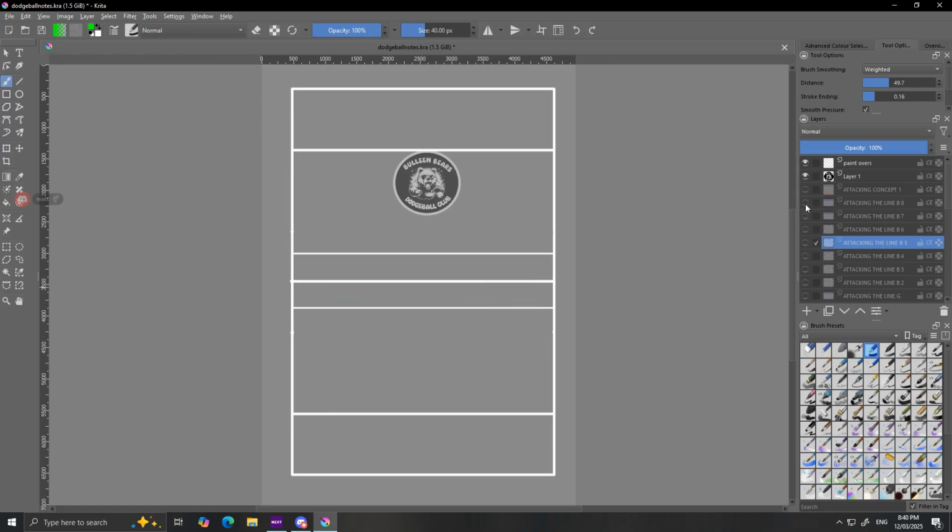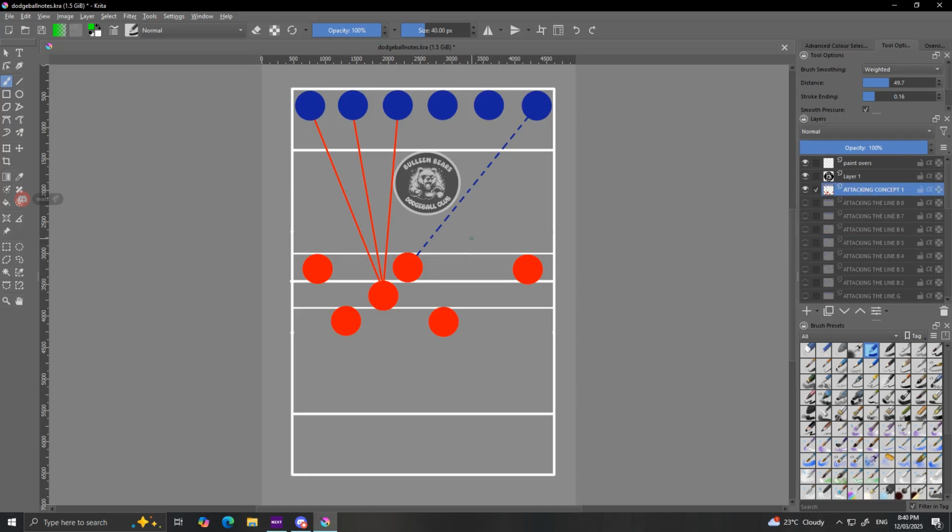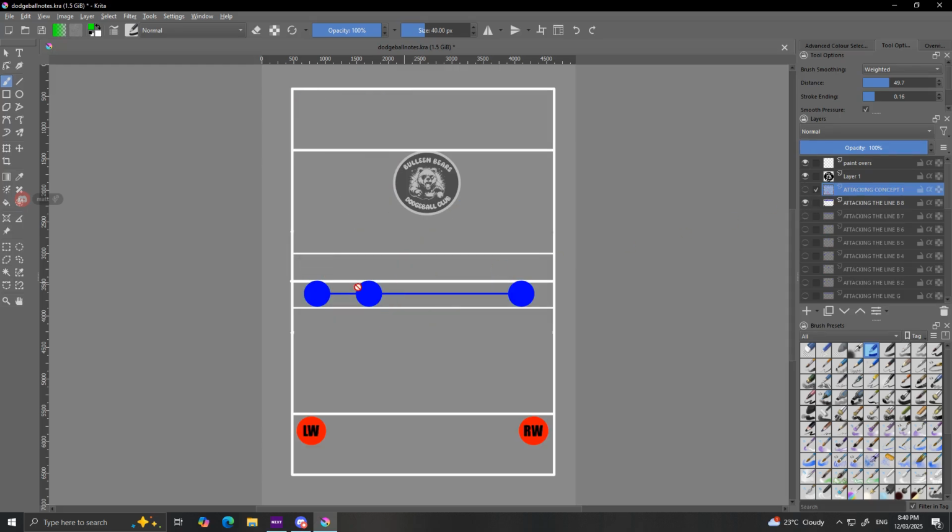Okay, we talked about that. And then the last thing is basically our advanced attacking concept. So we talked about moving over to extend the distances, right?